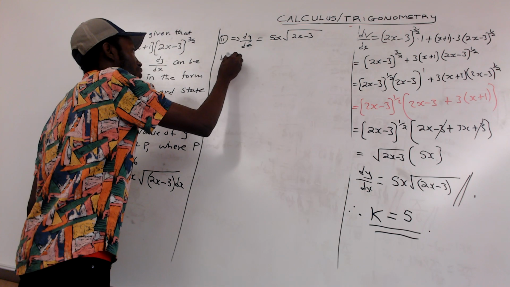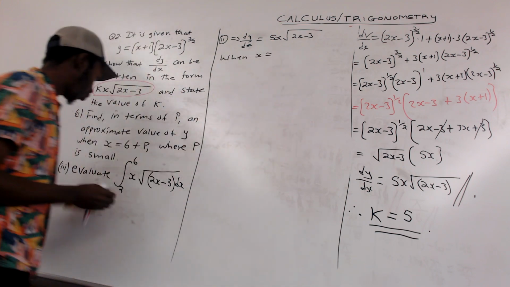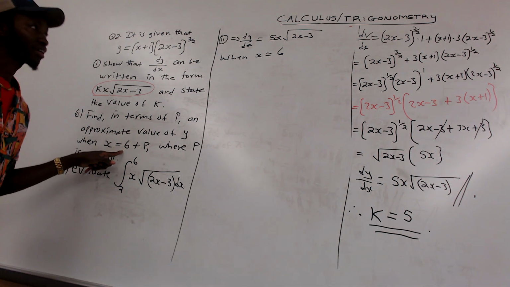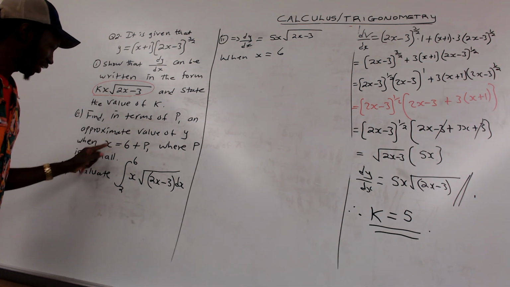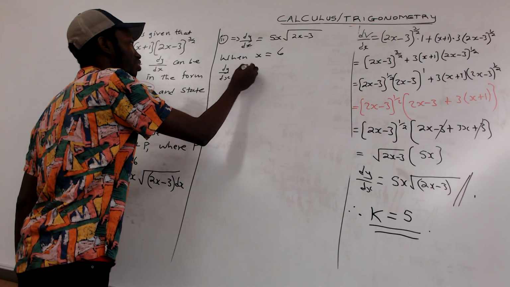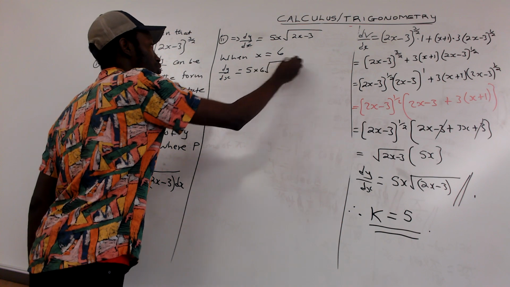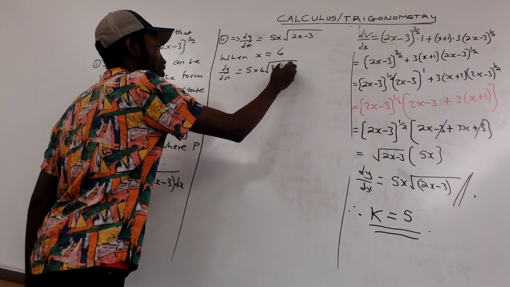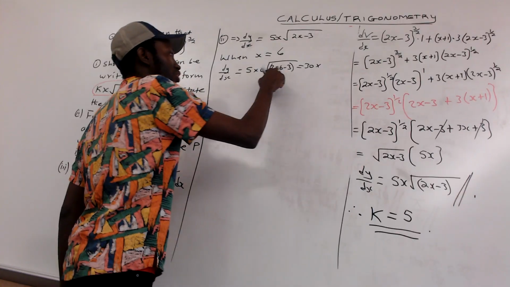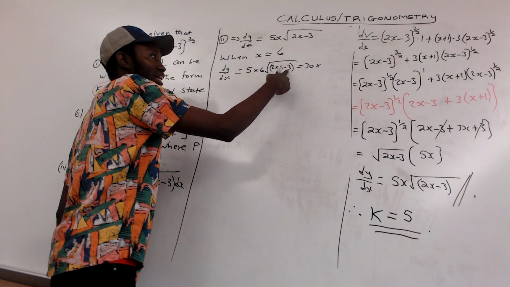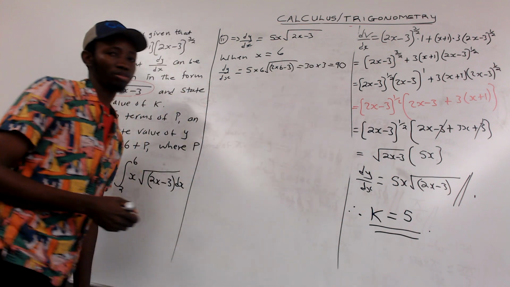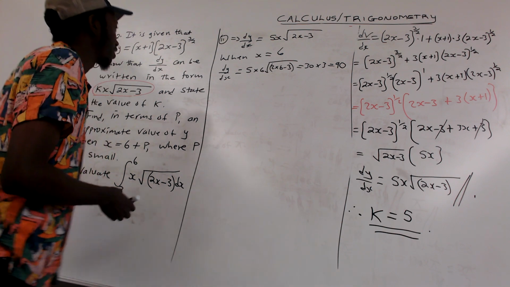When x equals 6, we are finding the approximate value of y, so we slot it here. dy over dx is going to be 5 times 6 times the square root of 2 times 6 minus 3. 5 times 6 is 30, 2 times 6 is 12, 12 minus 3 is 9, the square root of 9 is 3, so this gives us 90. So we have the result to be 90.